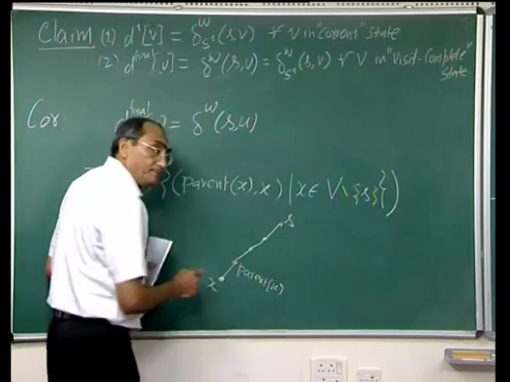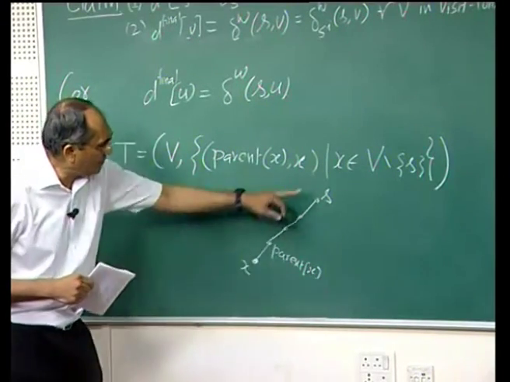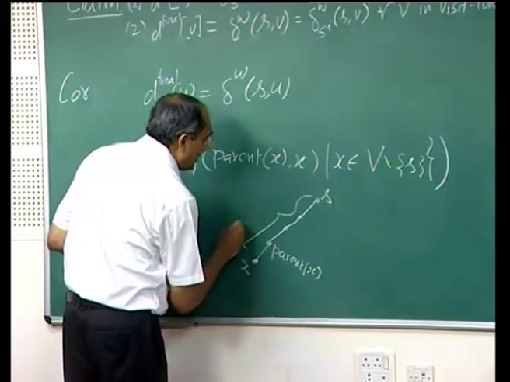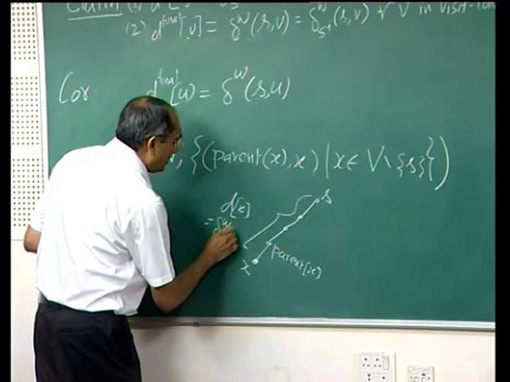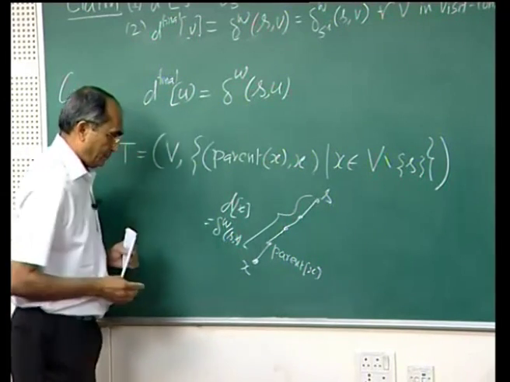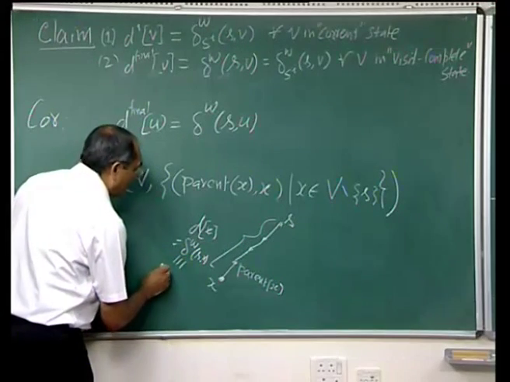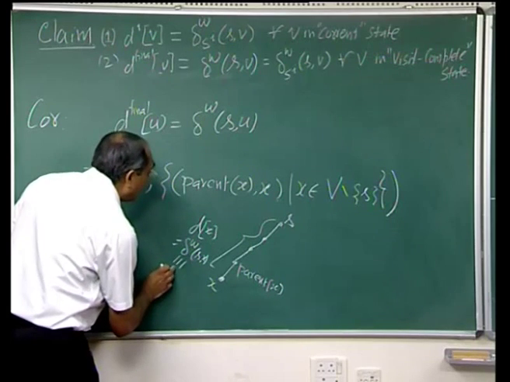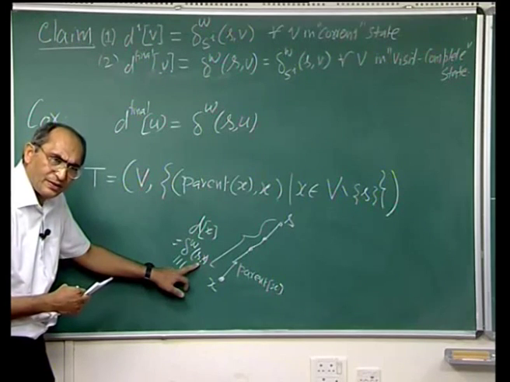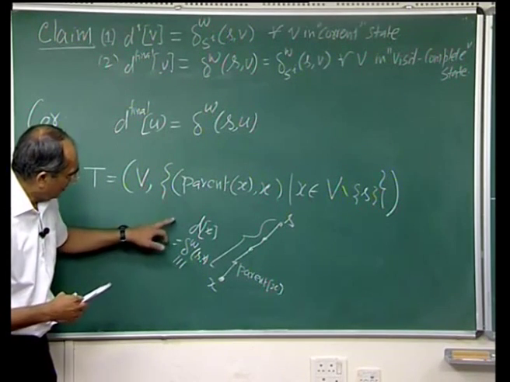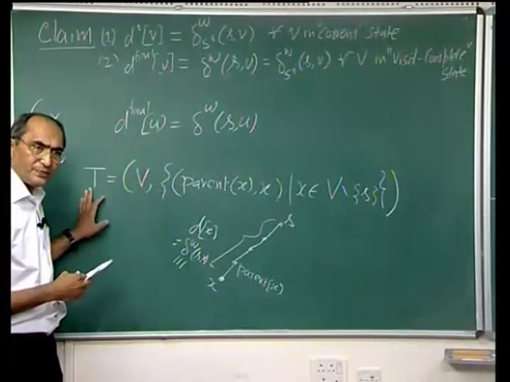So, this path is a path in T, and the weight of this path is precisely d_x, and that is the same as delta_w(s, x), which is the optimum distance in the graph, and this is also the optimum distance in T, in this subgraph.